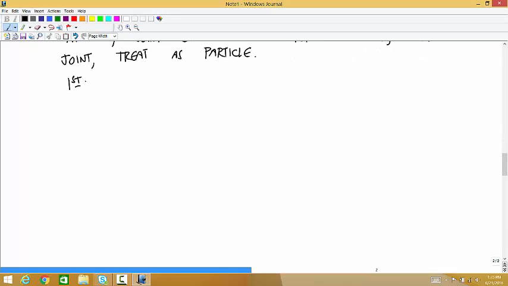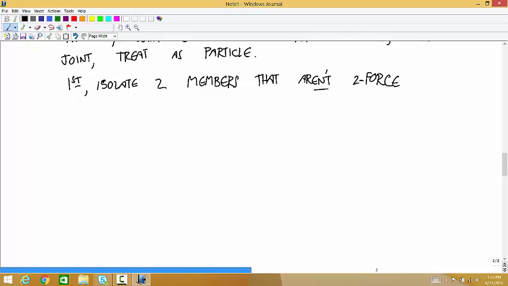So first, we'll isolate the two members that aren't two-force members. In this problem, that's 1 and 4.